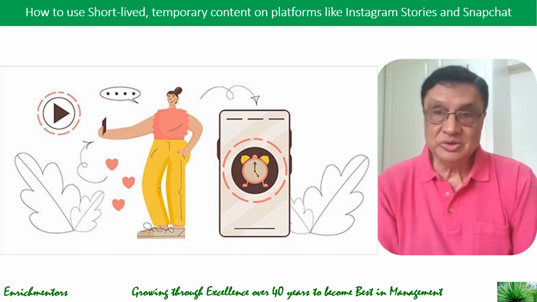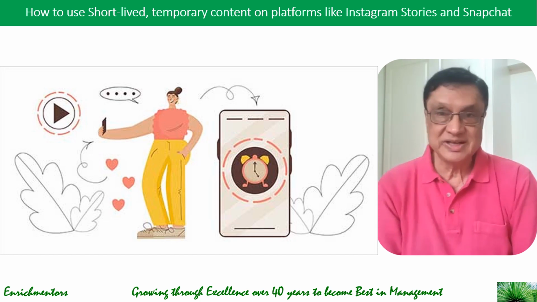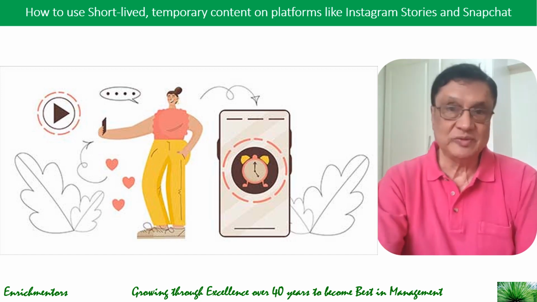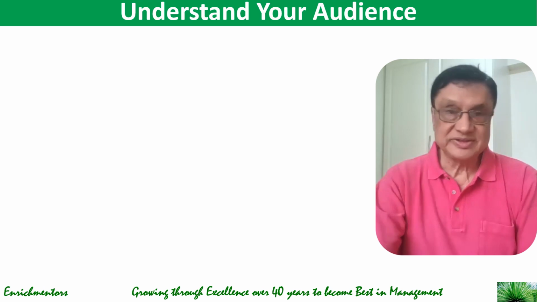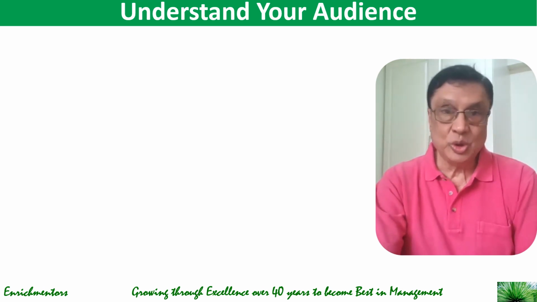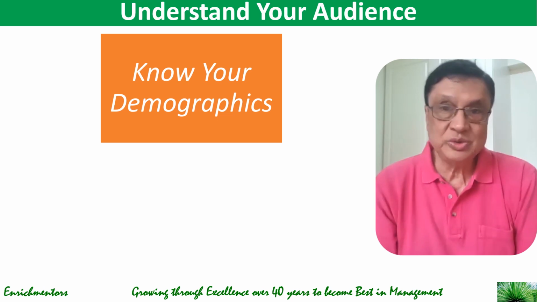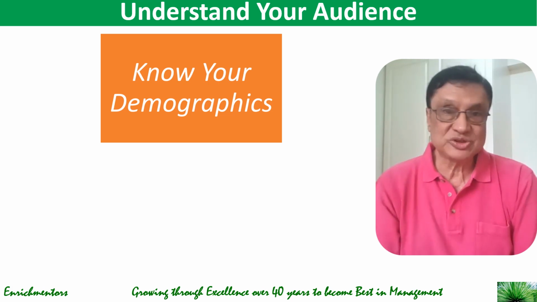Now, how can you do that? Let's look at some tips on how to integrate this type of content into your marketing mix and plan for excellence. Shall we? Wonderful. So start by understanding your audience, and there you need to know your demographics. You need to understand the demographics and preferences of your target audience on these platforms like Instagram Story and Snapchat.